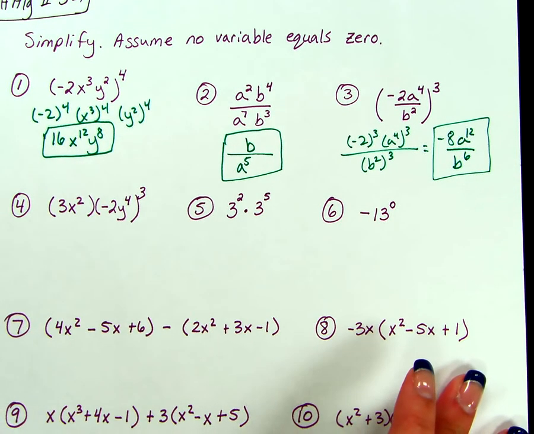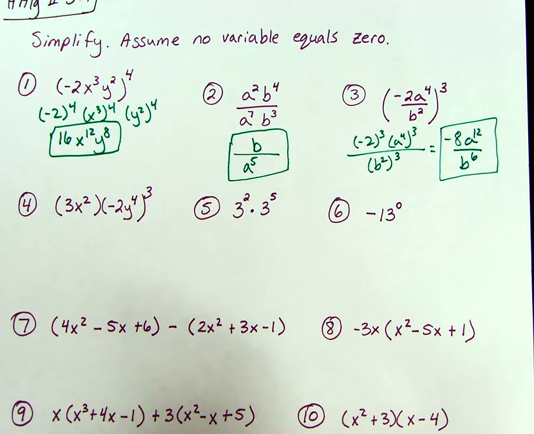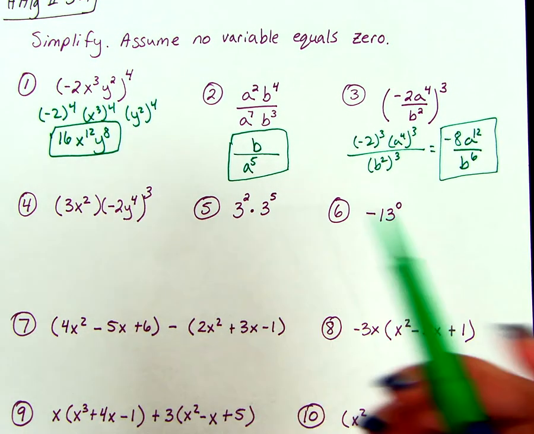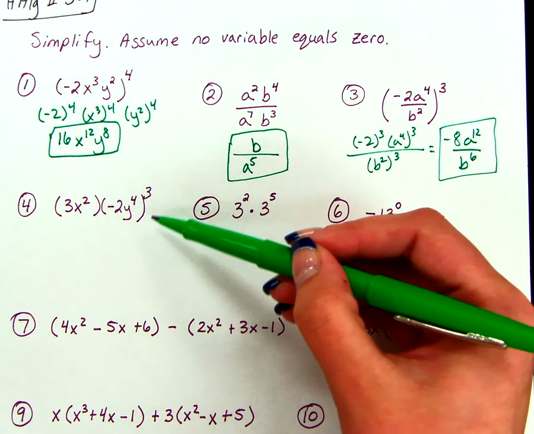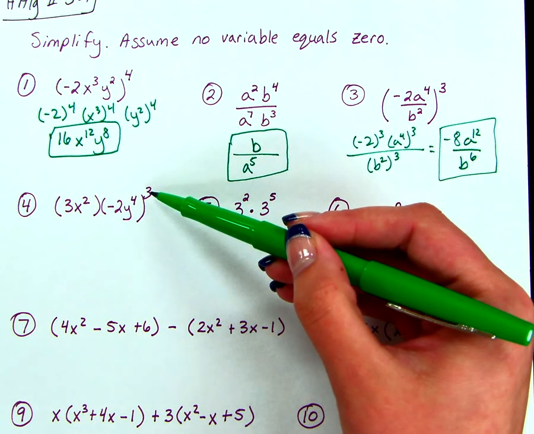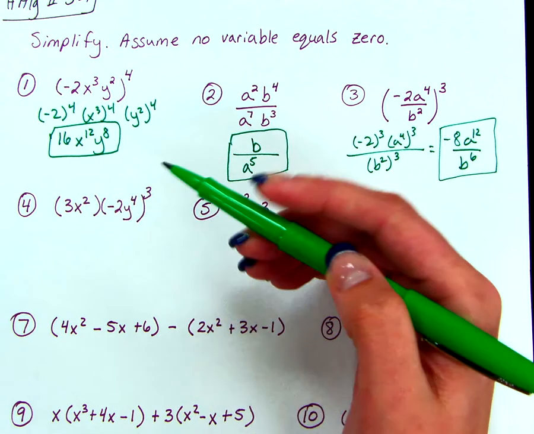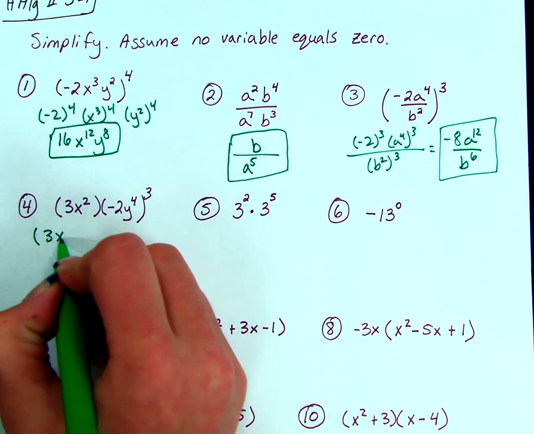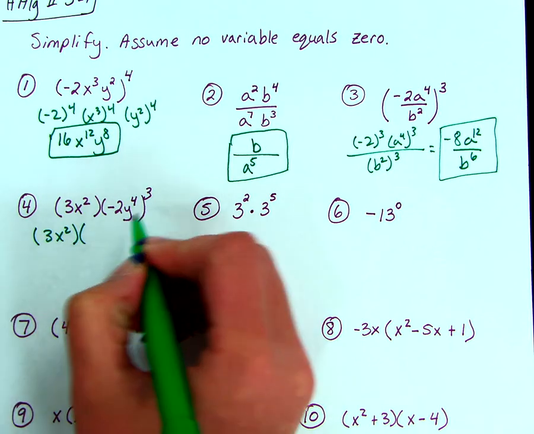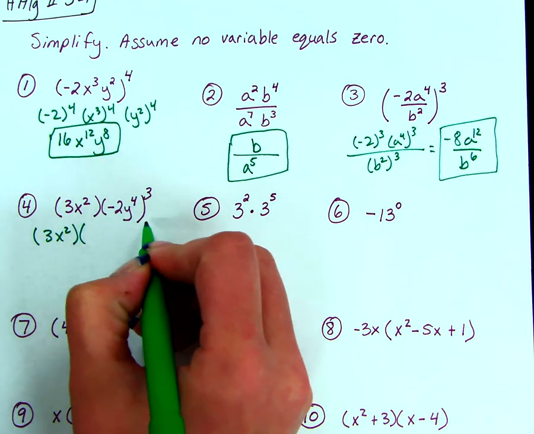All right. Fourth problem. So again, looking at this, we have to follow order of operations. So that means that we need to simplify this group first because it has an exponent, and then we take this answer times that first group. So I'm just going to start by rewriting the 3x squared. In our second group, again, we're distributing that power to each piece.